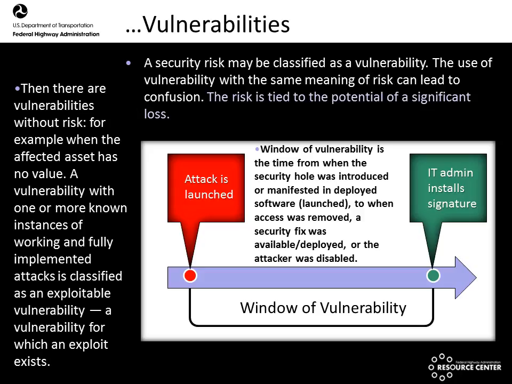The window of vulnerability is the time from when the security hole or flaw was introduced or manifested in deployed software to when access was removed, a security fix was available or deployed, or the attacker was disabled. We'll address this more when we discuss zero-day attack.